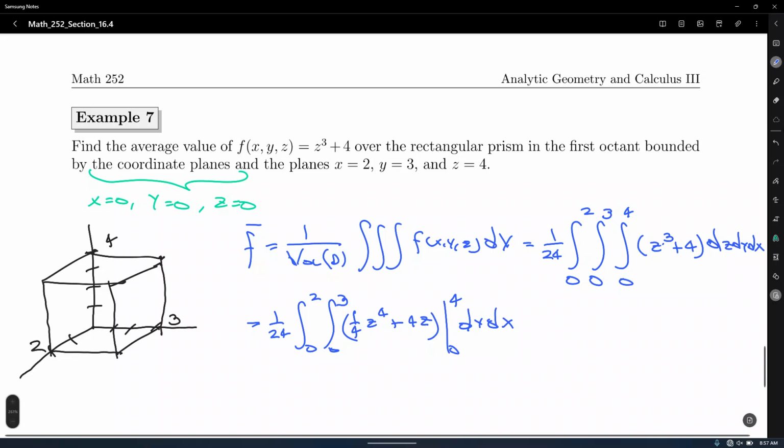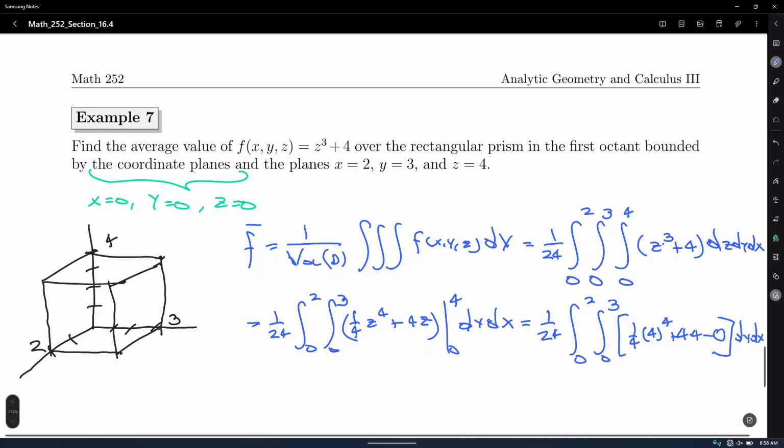But let me write it down. 1 over 24 times the integral from 0 to 2 and from 0 to 3 of 1/4 times 4 to the 4th plus 4 times 4 minus 0, because if we apply the lower limit of 0, all terms have the variable z, so it's just going to be 0. dy dx.